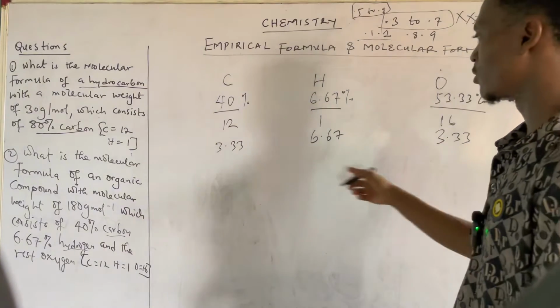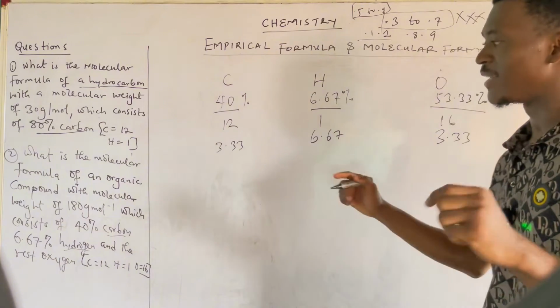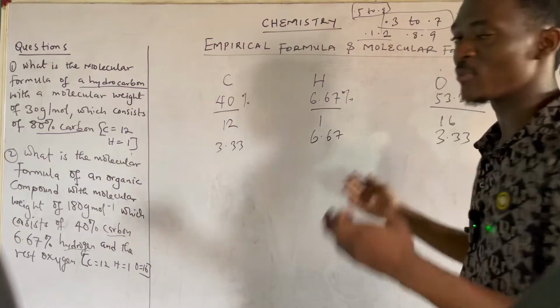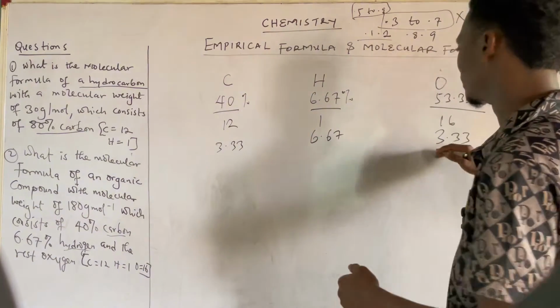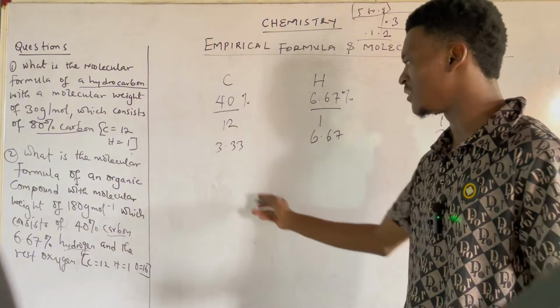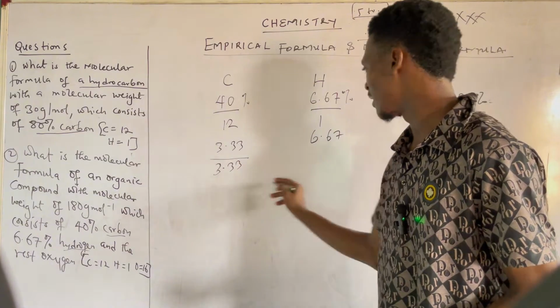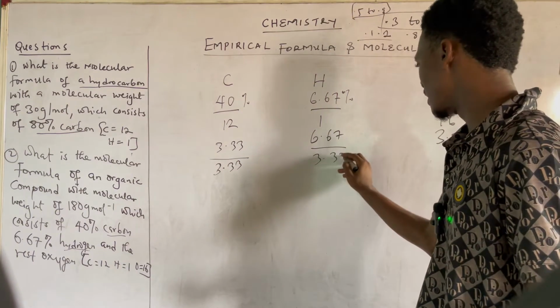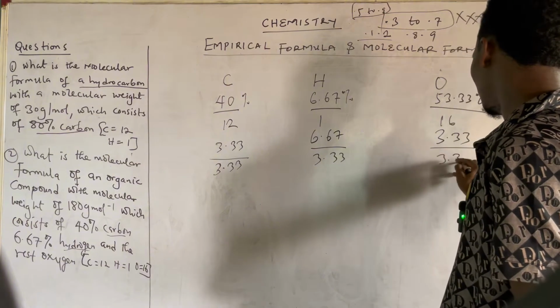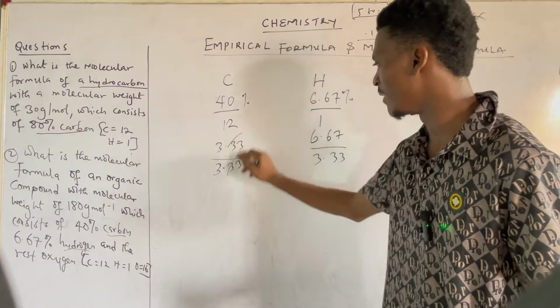So it's obvious we have to divide all through by the smallest value. Don't forget, remember that we have to divide all through by the smallest value. The values are 3.33, 3.33, 6.67, so the smallest value is 3.33. When we divide by 3.33, carbon gives 1 and oxygen gives 1.